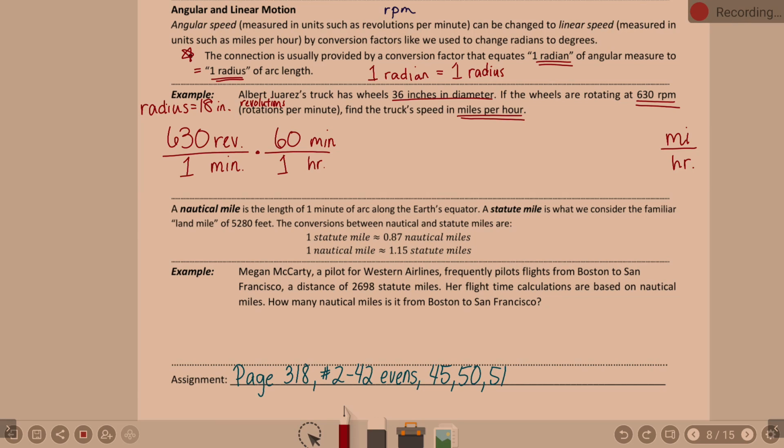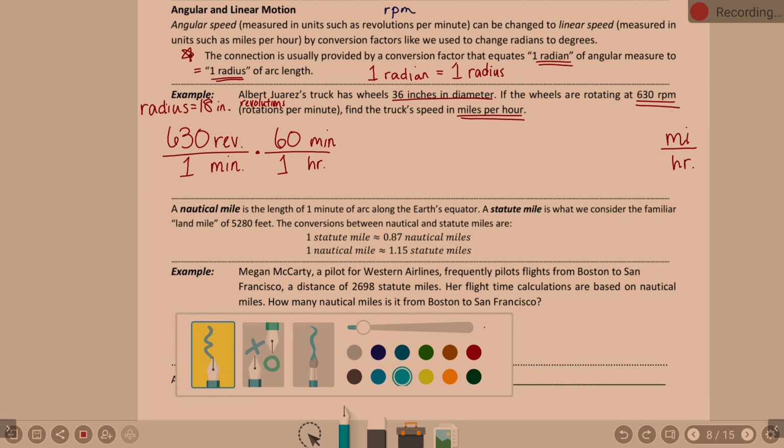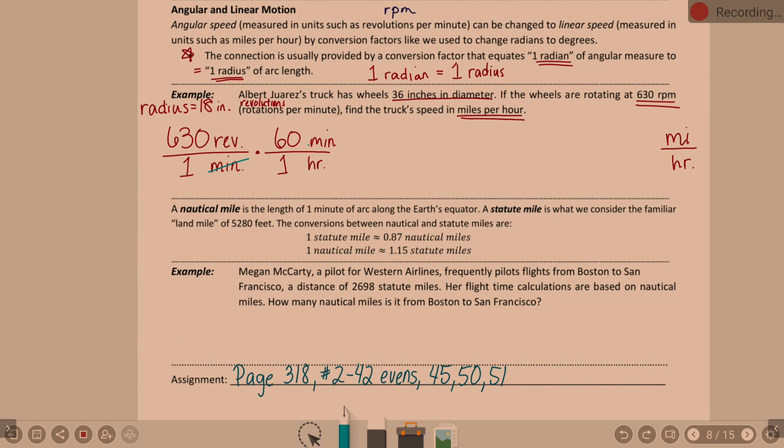Does that sound familiar? I don't know how Doc teaches it versus how I teach it, but it's the same idea. Because now, if we stop here and multiply and divide everything, I currently am going to be at revolutions per hour. Good news is, I'm halfway there in my labels. We have hours.